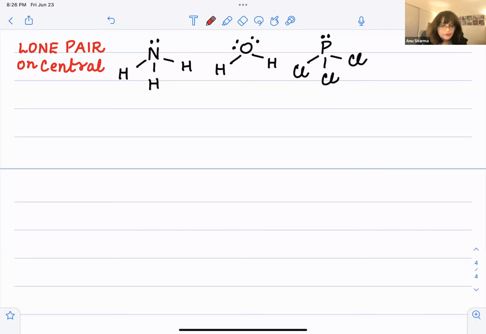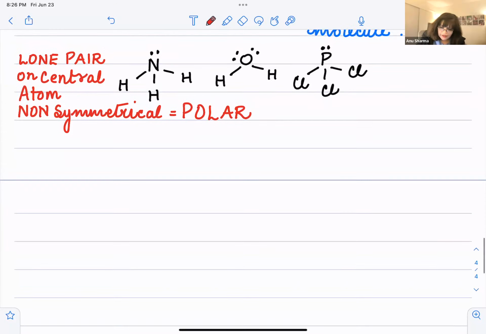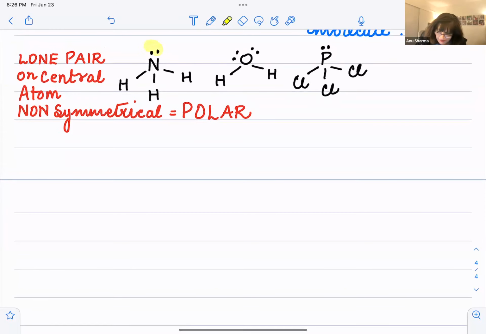So they're not symmetrical around the central atom. Therefore, they're non-symmetrical, and because of that, there's going to be polarity. Non-symmetrical makes them polar, all 3, and similar examples. So that's one piece. So keep the lone pairs in mind.